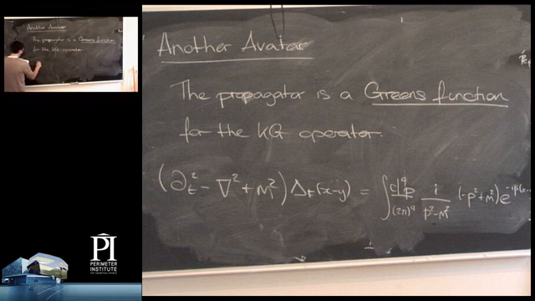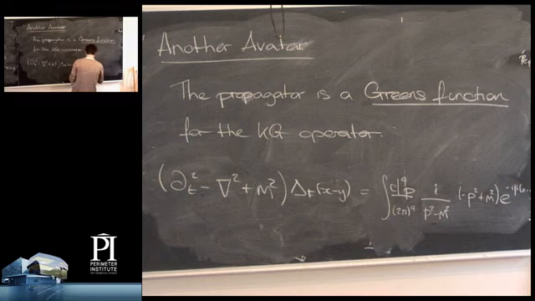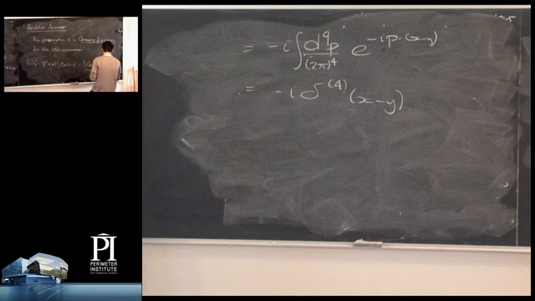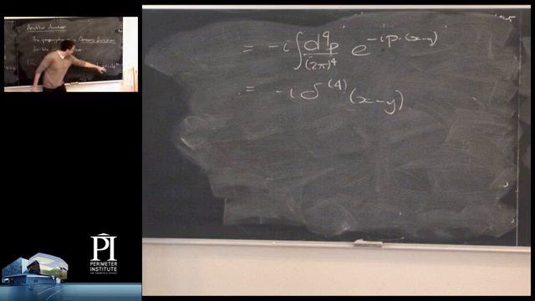It means that if you take a Klein-Gordon operator, which, expanding out the derivatives into time derivatives and space derivatives, is the following, and you hit it on the Feynman propagator, well, then these derivatives bring down the powers of p, which when you recombine them into a 4-vector is minus p squared plus m squared, which up to a minus sign cancels.